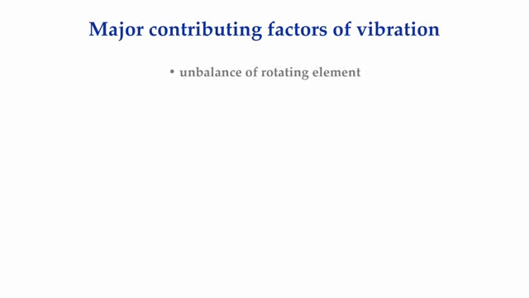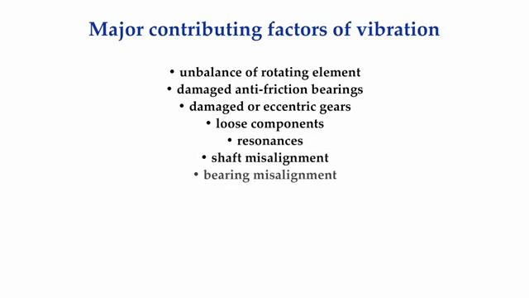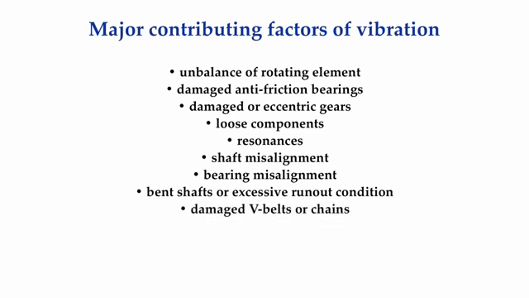Here is a list of the most common sources for vibration in rotating machinery. Out of balance conditions, damaged rolling element bearings, damaged or eccentric gears, and loose parts are very common causes.